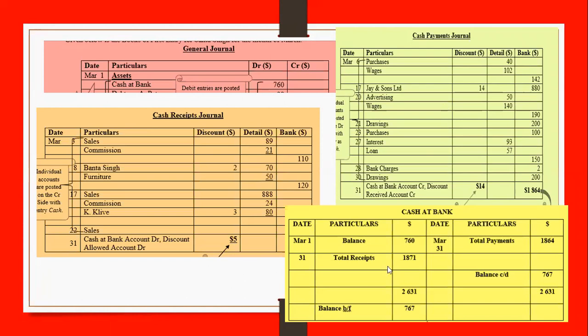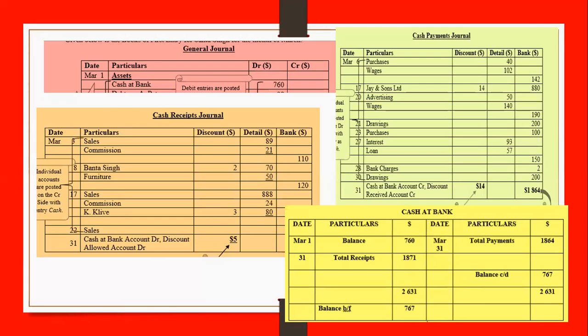So lastly is balancing of the ledger account. Year 9 work. Take out your pencil, just write down your steps to balance your ledger. Take out your calculator. Let us total our debit side. 760 plus 1871.